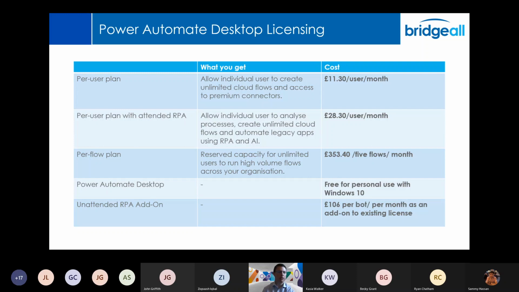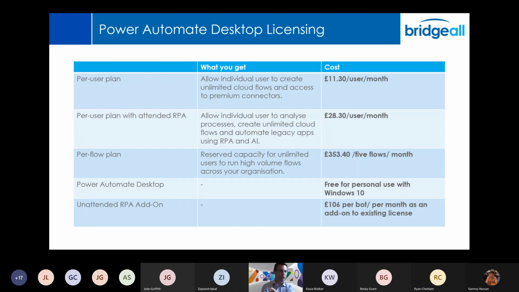In terms of the Power Automate cloud version, you have a per user plan, which allows an individual user to create unlimited cloud flows and also access some of the premium connectors, because some of the connectors in the cloud version are premium connectors.